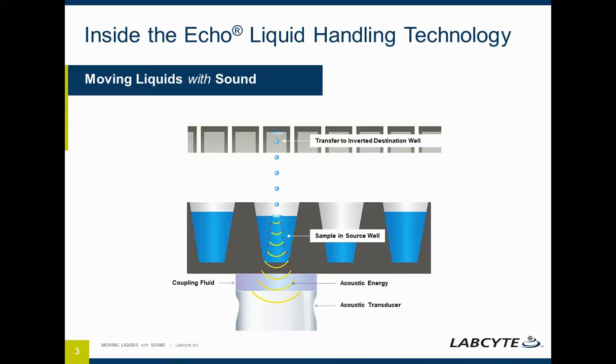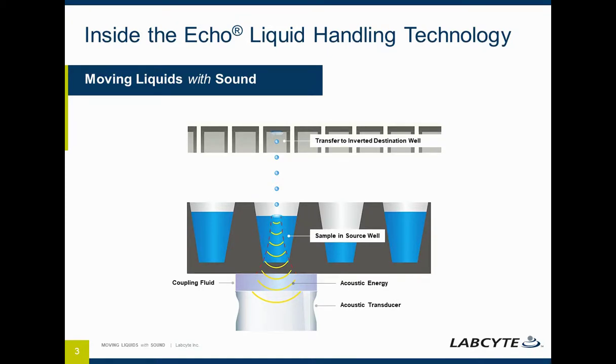Sound energy created by an acoustic transducer is focused at the surface of the fluid to create fluid droplets of a highly controlled volume. These droplets are then ejected from the surface with sufficient velocity to reach the target well, which can either be dry, as in the example shown in the cartoon, or already containing fluid.